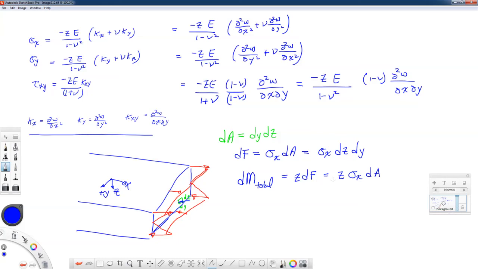If I wanted that total moment, I would integrate this with respect to the area. What I'm going to do though is I'm only going to integrate this term with respect to z. So if I do that, I have an integral from z equals minus t over 2 to plus t over 2 of z sigma x dz, and then I have that term dy.